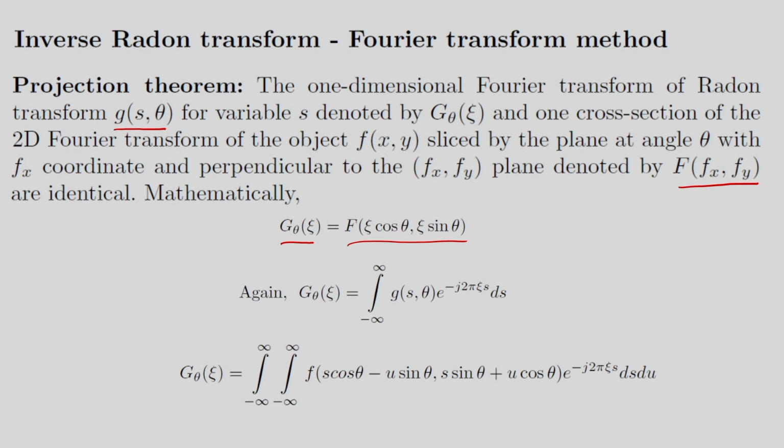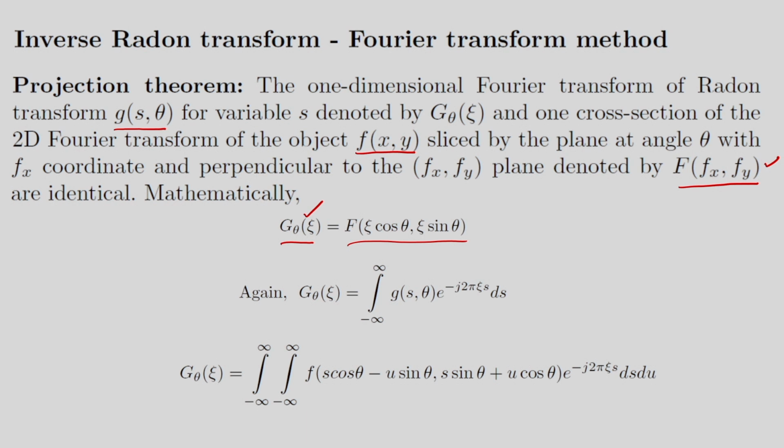Pictorially I am going to show this projection theorem, so then you can understand what the projection theorem is. For the time being, I am determining g(s,theta), and after this I am taking the 1D Fourier transform of g(s,theta), that is the 1D Fourier transform of the radon transform, defined by G_theta. After this I am determining the 2D Fourier transform of the object f(x,y), that is F(f_x, f_y).